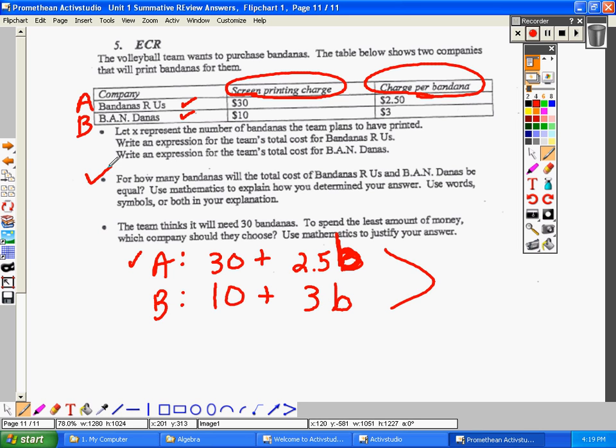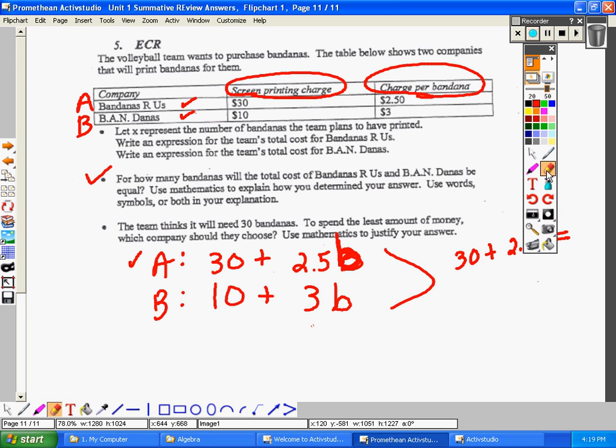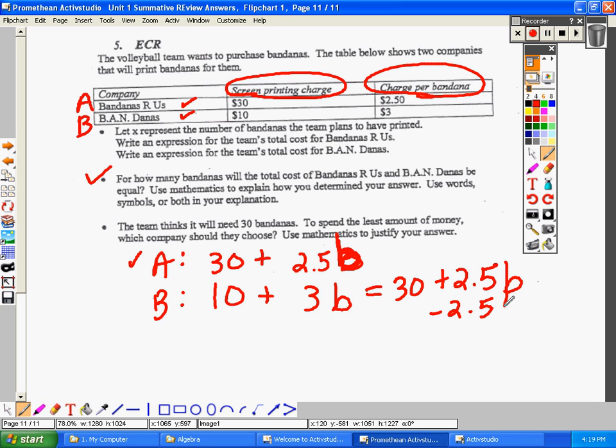So the first thing you want to do is set them to be equal. 30 plus 2.5b is equal to, and I ran out of room, so actually, I'll just use this right here. 10 plus 3b. When will 10 plus 3b be equal to 30 plus 2.5b? Well, I'll subtract 2.5b on both sides, because we have to isolate the variables.